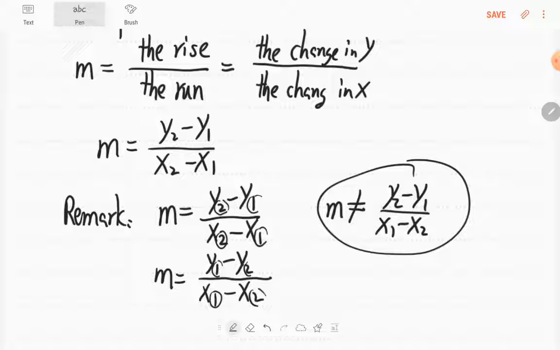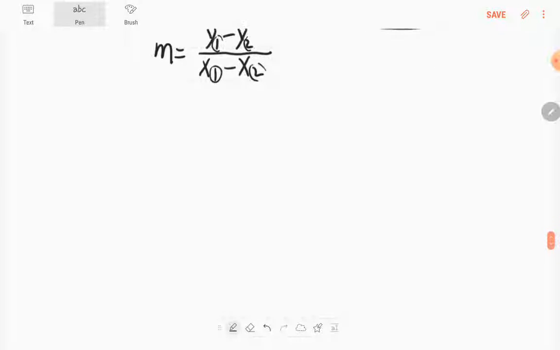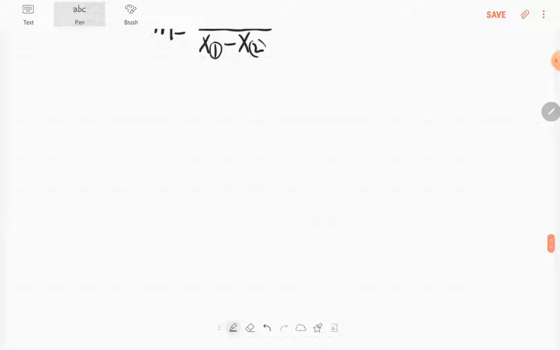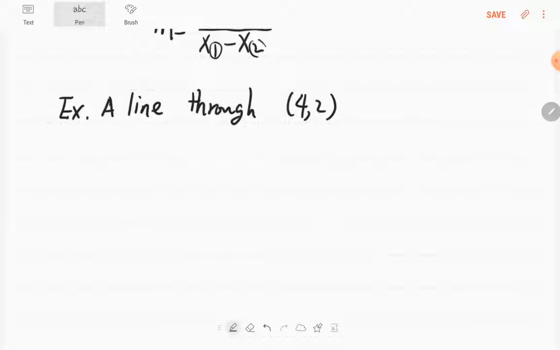So now let's use an example. If we have a line through 2 points, 4, 2 and 2, 5, find the slope.